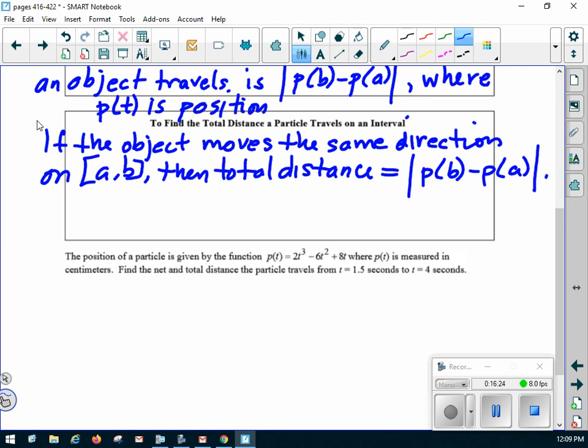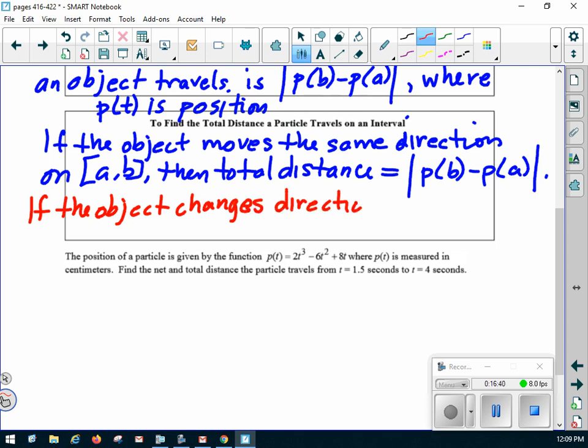Do you agree with that part? If, however, the object changes direction at time C, think about that for a minute.